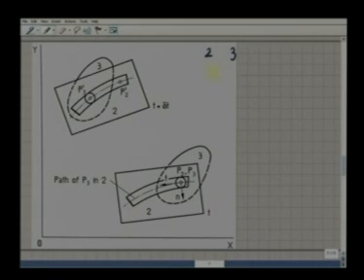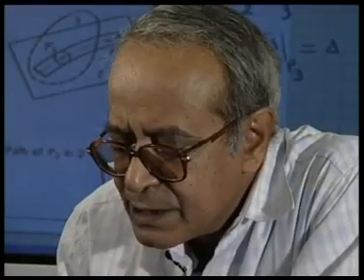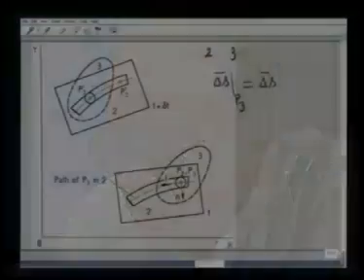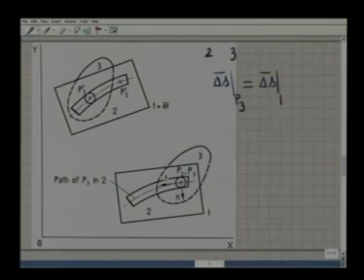So delta s, that is the displacement of the point P3, is equal to the vector P2 P2 prime, the displacement of the point P2, since P2 has gone from P2 to P2 prime, plus P2 prime P3 prime.